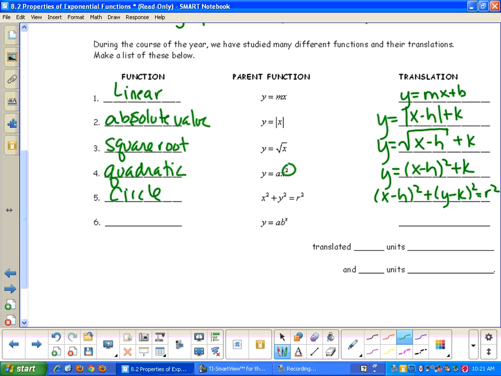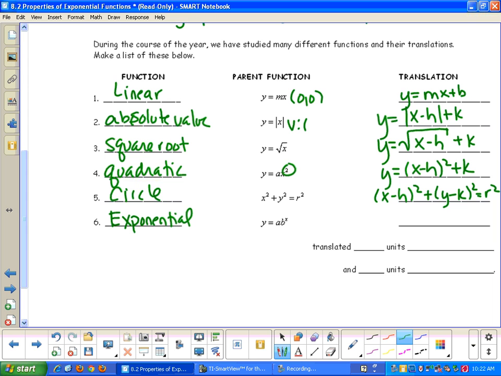And the last one is the new stuff that we've been doing, which are exponential functions. And so for this one, if you think about all the other problems that we did, notice that the h is always attached to x and the y value is always going with the k. So if we even look at this, like this vertex right here, if I had y equals mx, the graph goes through 0, 0.